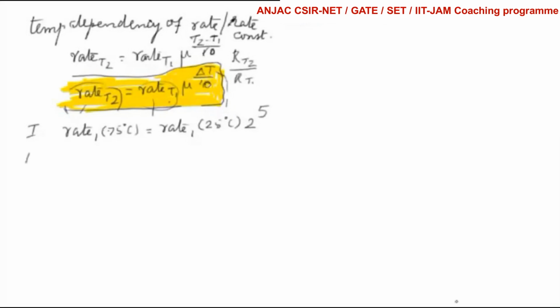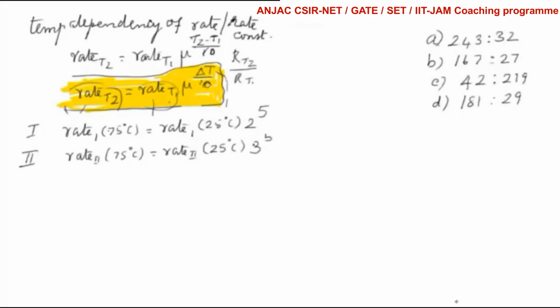Similarly, we are going to write the data in the form of the equation. Rate of the second reaction at 75 degrees centigrade is equal to rate of the second reaction at 25 degrees centigrade times 3 to the power 50 by 10, that is, 3 power 5. Here the temperature coefficient is given as 3, and the temperature difference is 50.